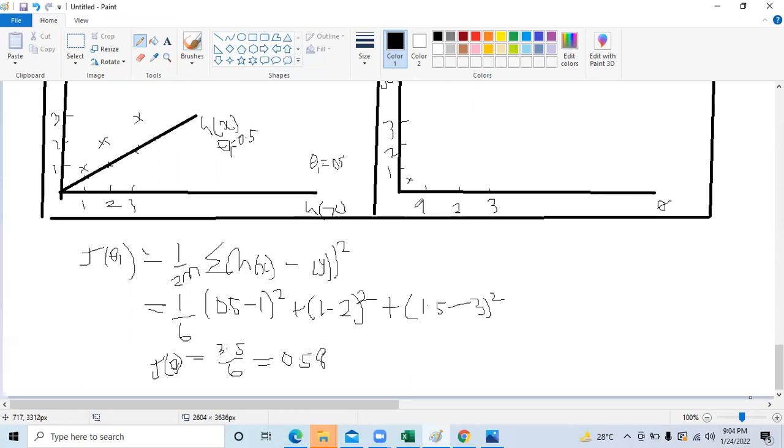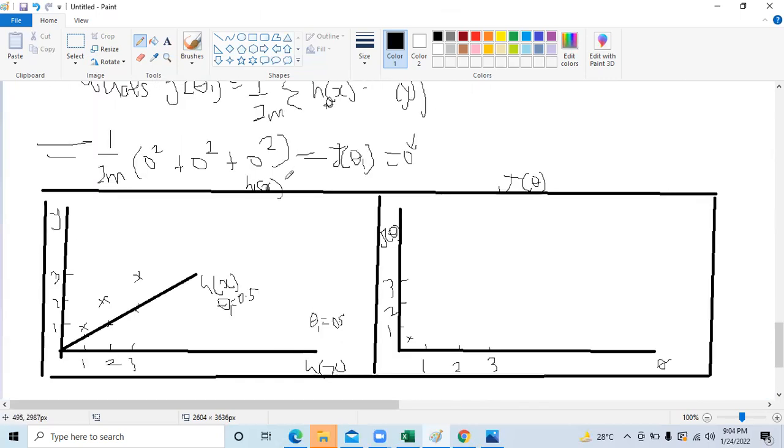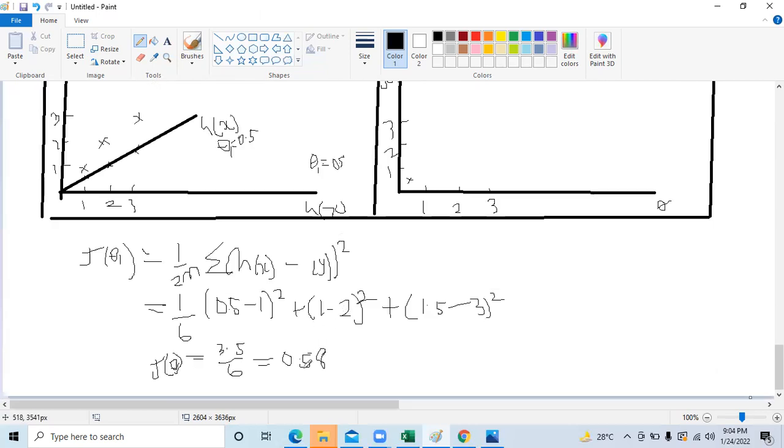So let's go ahead to say, okay, here we had theta 1 equals 1. Here we had theta 1 equals 0.5, and we saw what we had as cost function. Now, lastly, let's say if theta 1 equals 0.